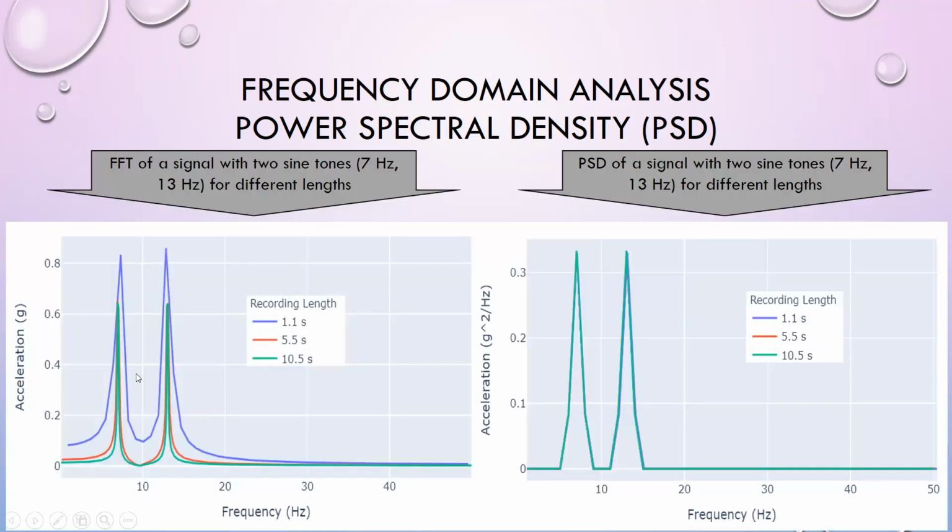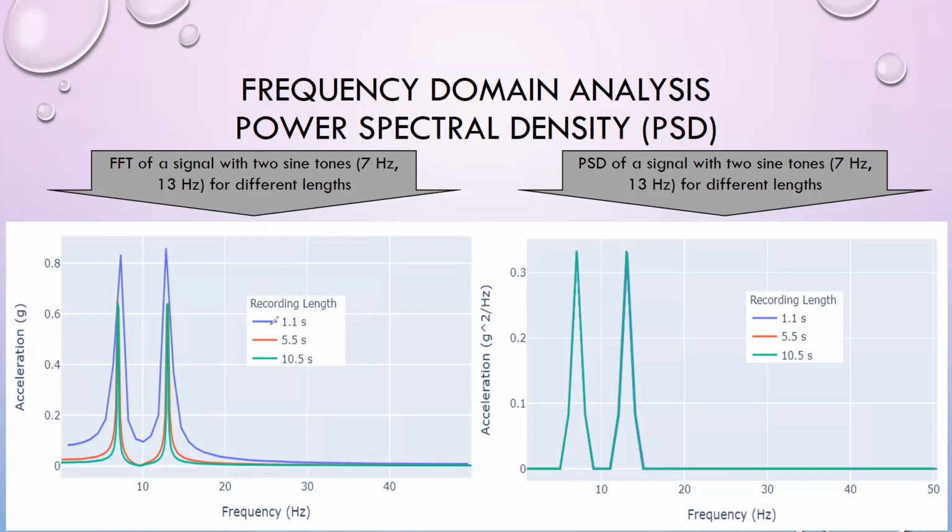And finally, we can easily calculate the RMS values straight from the PSD. Here you can compare the FFT diagram for the different signals with different lengths, and also the right diagram is the acceleration versus frequency, or the PSD, again for the same signals with different lengths.